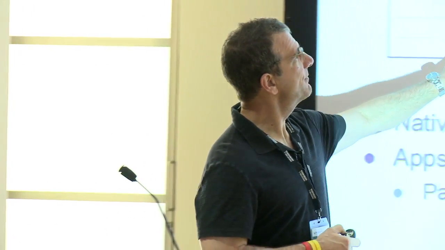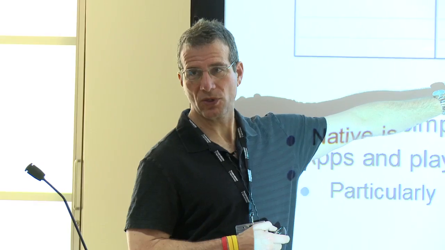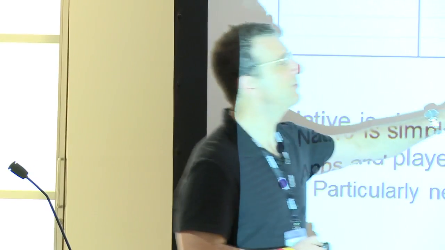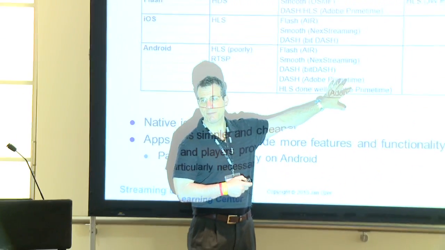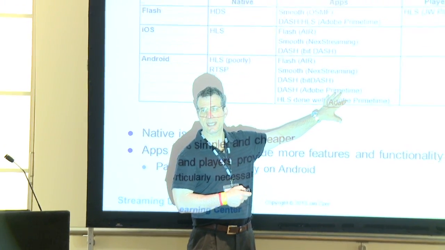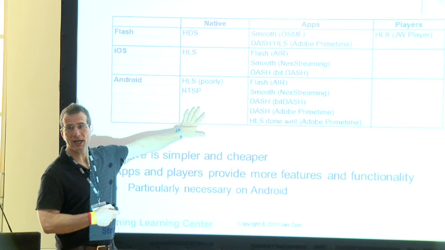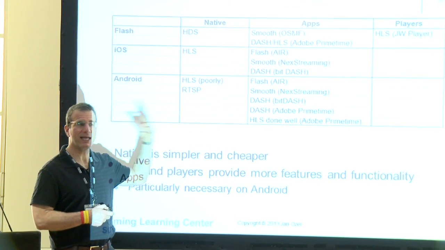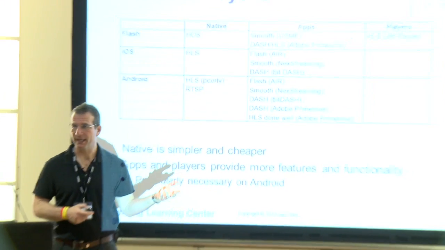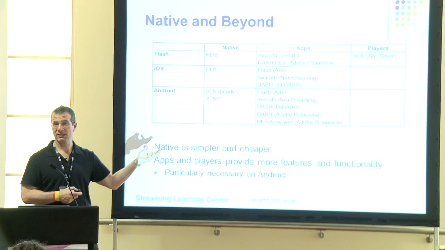Come on, it's here. The point of this slide is the difference between native support and what you can do with third-party applications and third-party tools like the ones we're talking about. In an ideal world, you would want everything native because you don't have to buy anything else or integrate anything else, it just works.